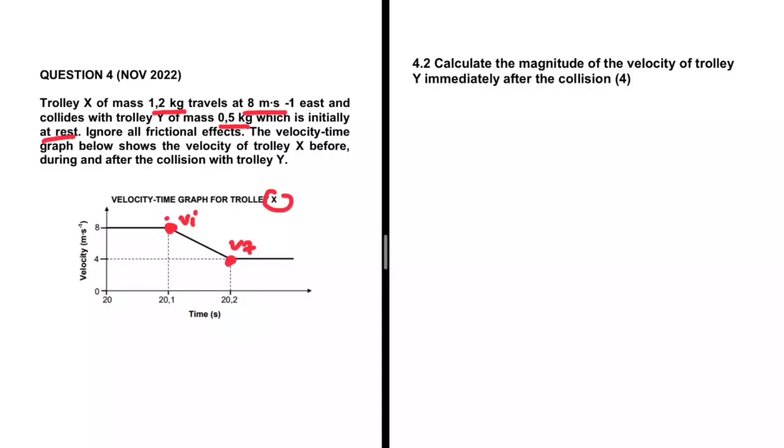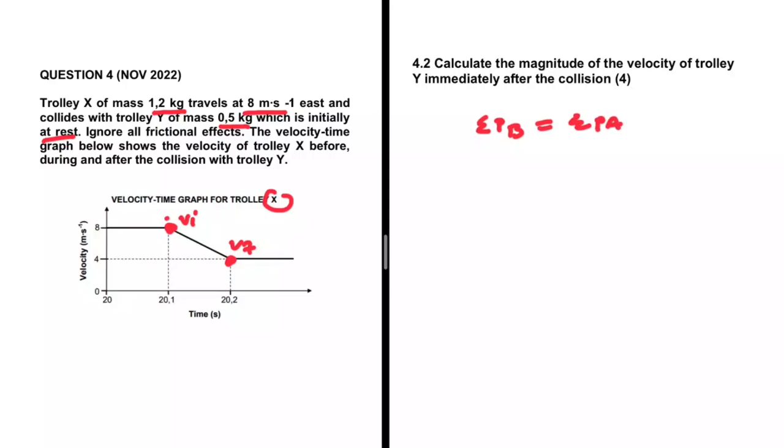How are we going to do that? We'll start by saying that because we are told we can ignore the effects of friction, momentum is conserved. That tells us that the sum of the momentum before the collision will be equal to the sum of the momentum after the collision.